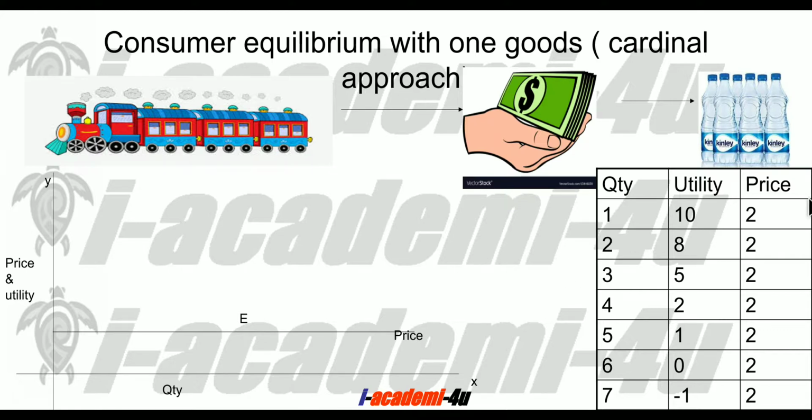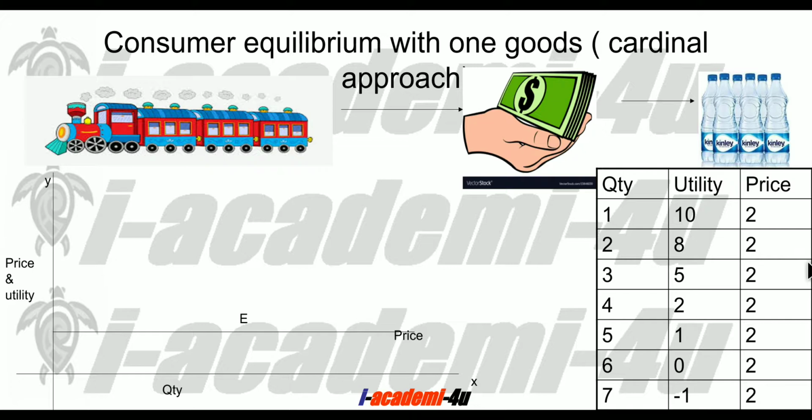No matter what the condition is, the price is going to remain same. This is one of the assumptions which I missed out in the assumption list. Whenever we are studying this, we are studying under the perfectly competitive market, and in a perfectly competitive market, the prices are fixed.